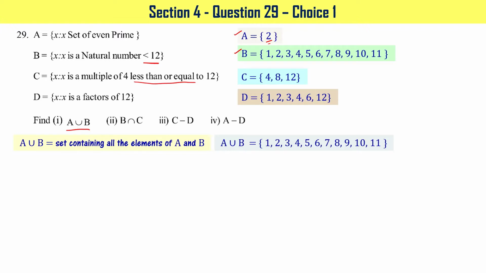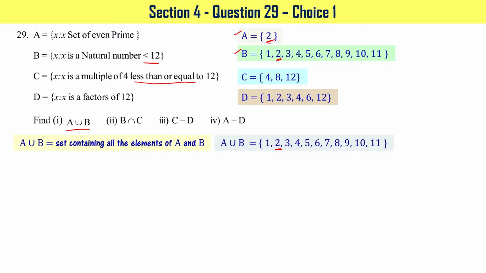As you see here, 2 is present in set A and set B also. But when you are writing the set in roster form, you will include it only once. That's why we have written 2 only once. I hope you got the concept.